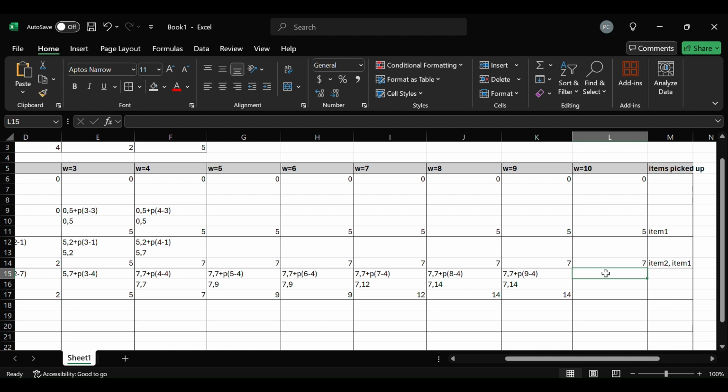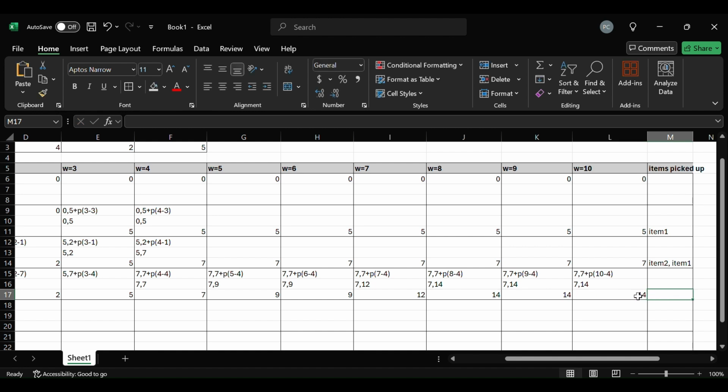Here, did not pick up is 7 versus 7 plus the profit of the remainder, 10 minus 4 is 6. So 7 plus P of 6, go up, go to 6. 7 plus 7 is 14. So 7 versus 14. Our decision is pick up, so 14.